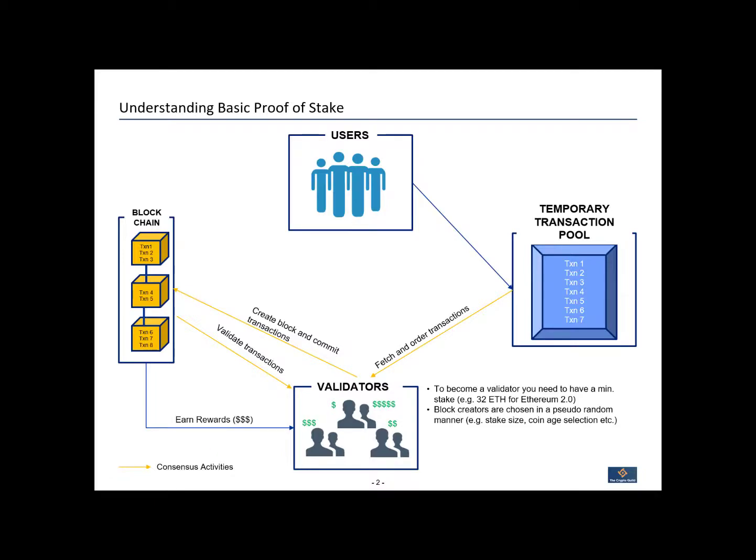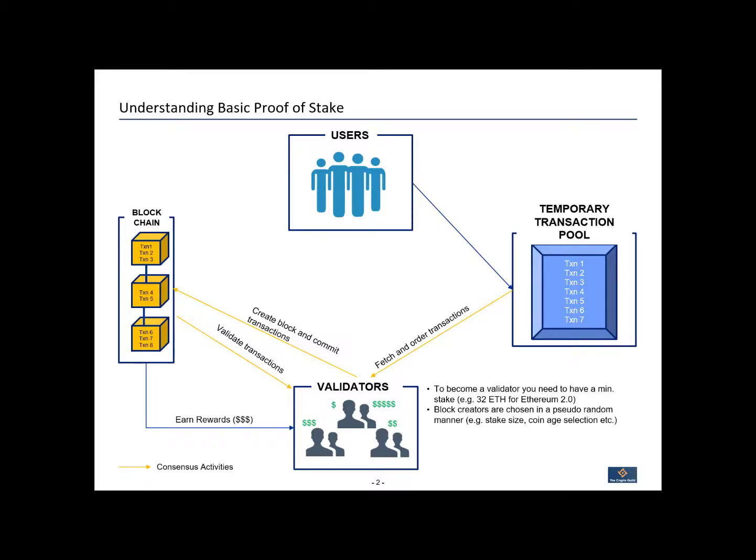What happens is your coin age is then reset back to 0. So next time around, the network won't pick you. It'll wait for some time till your coin age comes back and give other folks a chance at becoming a block creator, because the block creators are the ones who earn rewards.